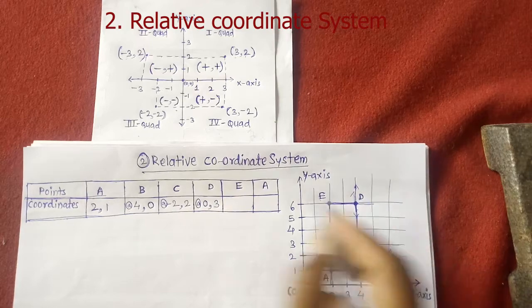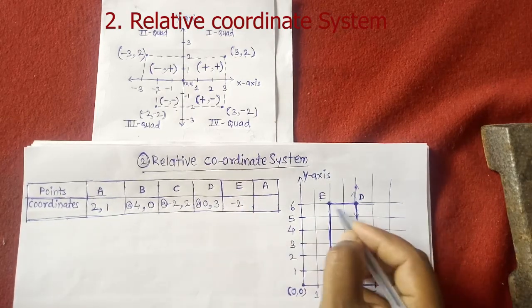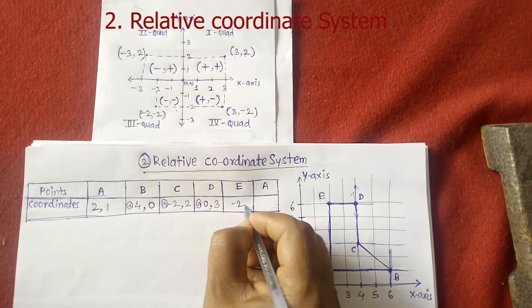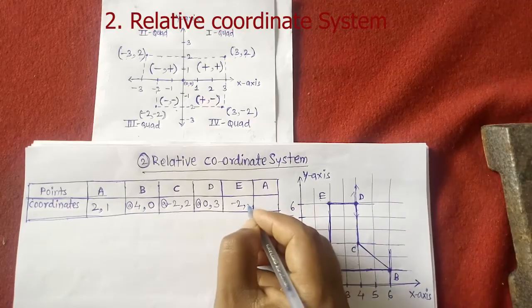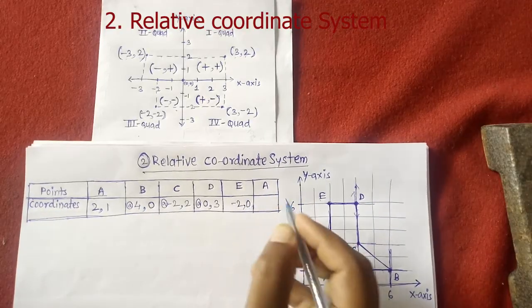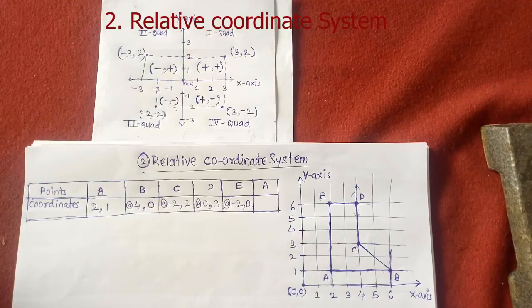So the x coordinate will be -2, as it is located on the left side, and the y coordinate is 0 with respect to this origin. So write down 0 and place the @ symbol before the coordinates.